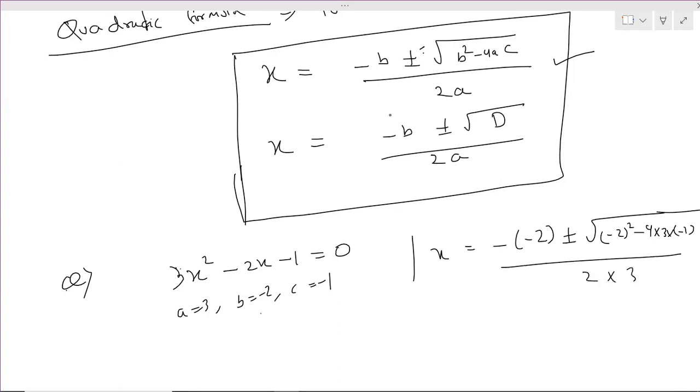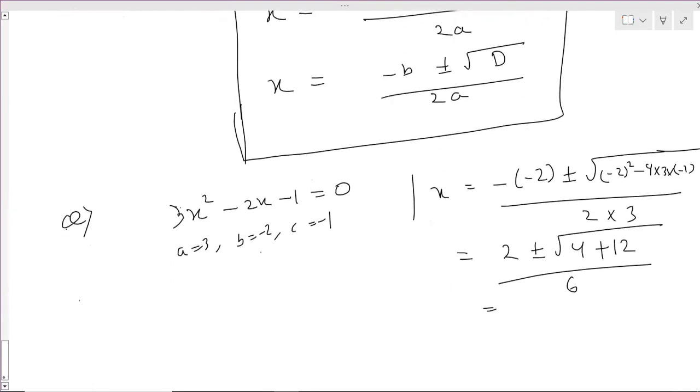So 2 into 3. Any doubts in this? So 2 plus minus, b square is 4 and minus minus plus, this is 12, whole divided by 6. So 2 plus minus, this is root 16, root 16 is 4, upon 6.